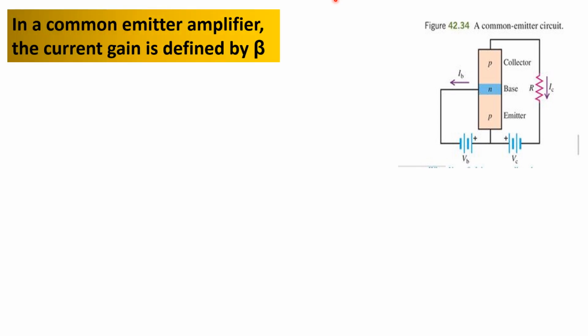All right, let's discuss further what we mean by a common emitter amplifier. We have here a diagram that shows the circuit of a common emitter setup. So we say that the emitter is the one that's common.